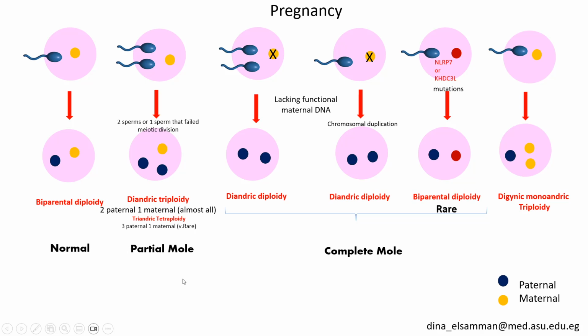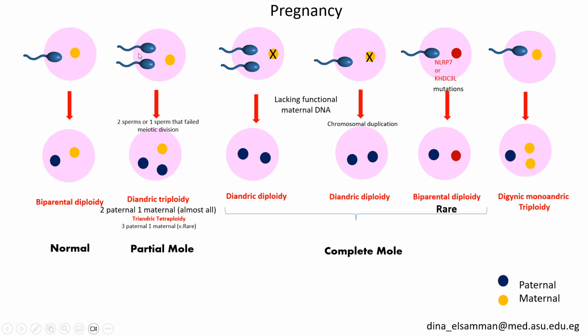What about the partial mole scenario? In partial mole, you have two scenarios. The first one is two sperms fertilizing a single ovum: two paternal genetic materials, one maternal genetic material, resulting in a triploidy that is diandric, with two sets of paternal chromosomes.